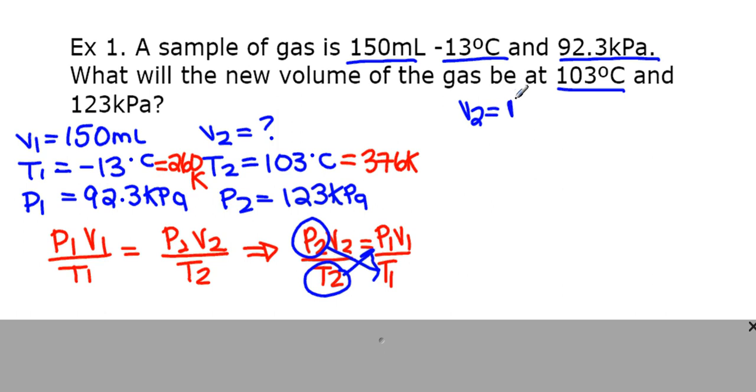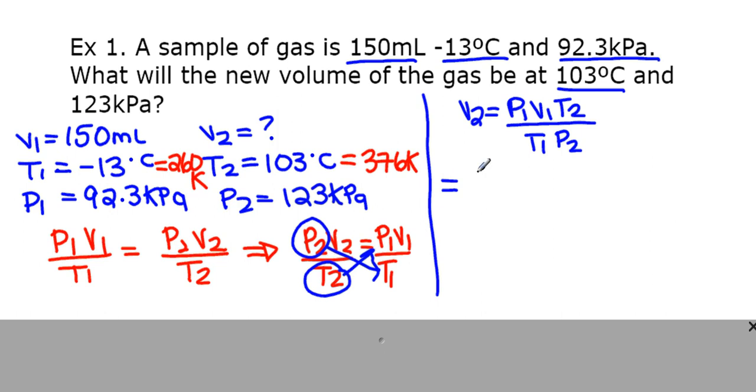V2 is equal to P1 V1 times T2 over T1 times P2. Now I'm ready to plug in my values and solve. So what's going to happen?